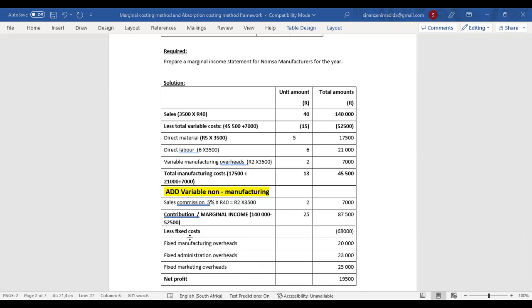For our net profit, remember we say our contribution, which is 87,000. It must be 87,500. Then we subtract our fixed cost of 68,000.